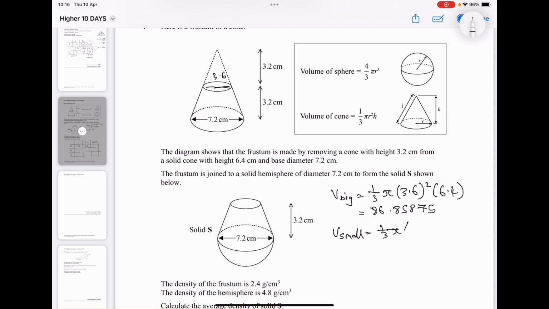Then the volume of the small, that's just 1/3 pi. Half of 3.6 is 1.8, because that's the radius, squared. The height is 3.2.